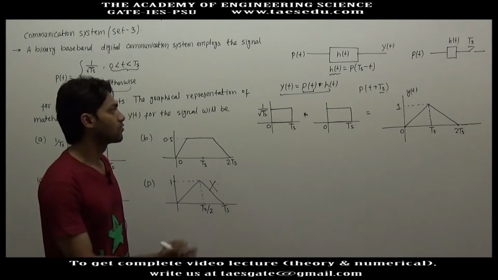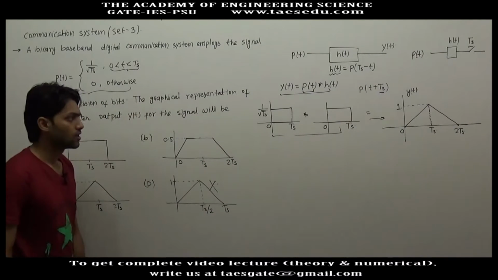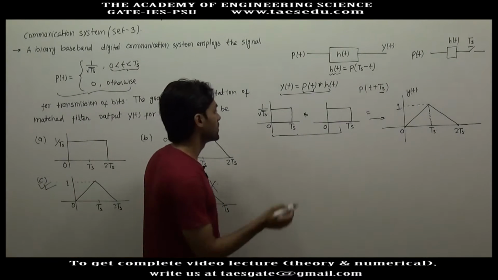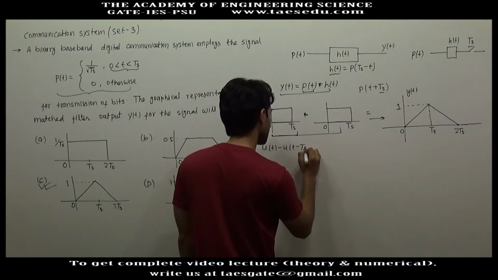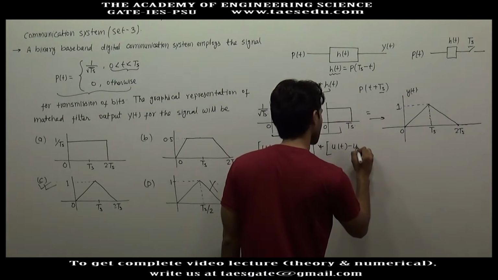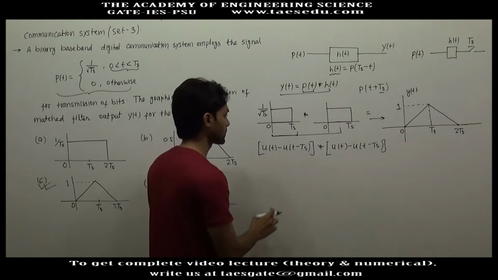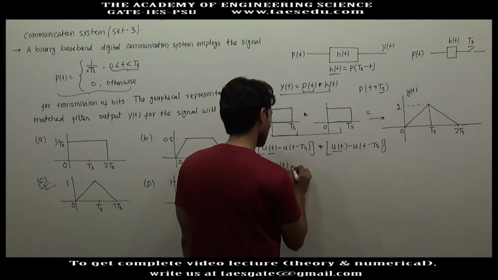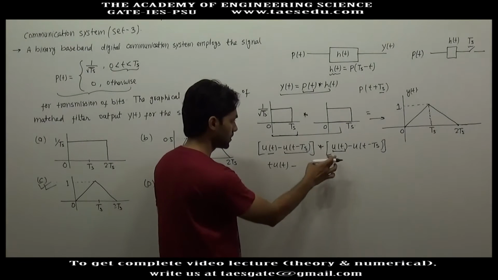If you are interested to find out the complete graph yt, you may take convolution. There are many methods. One method is to formulate this graph. This graph is ut minus ts, convolution, this is also ut minus ts. Okay. So convolution of ut and ut will give you tut. Then convolution of this with ut gives you tut.